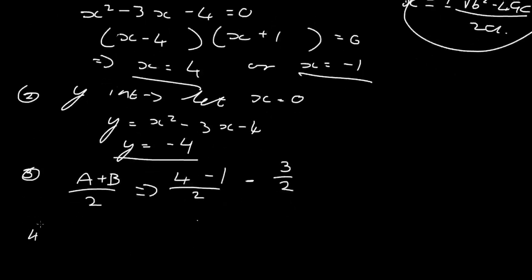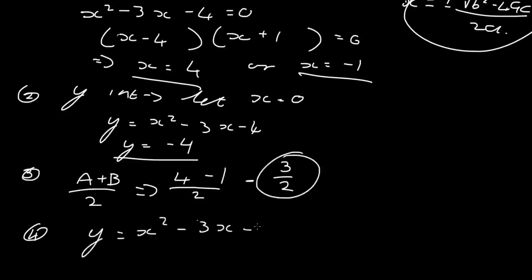Okay, and step 4, find the turning point. So we substitute in our axis of symmetry in for x. So once again, y equals x squared minus 3x minus 4. We substitute in our axis of symmetry.